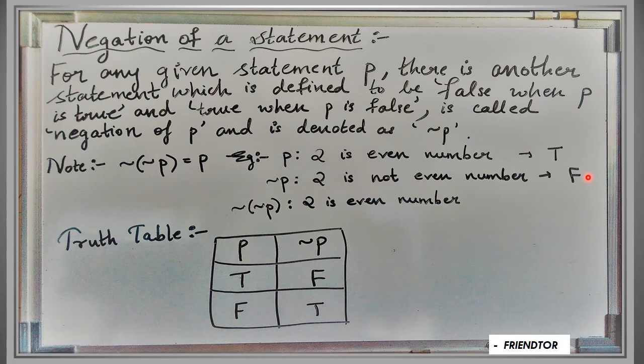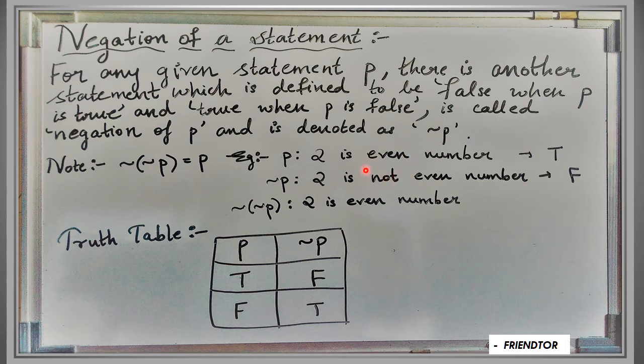Now if I try to negate this negation of P, that means applying negation on this negation of P, then this not will get removed. I told you that when we are trying to negate a statement, the keyword is not. Either you remove not or you add not to negate the statement. When you have not in the statement, you remove it. When you don't have it, you add it. Here you didn't have not, so you added it to negate. Now here you have not.